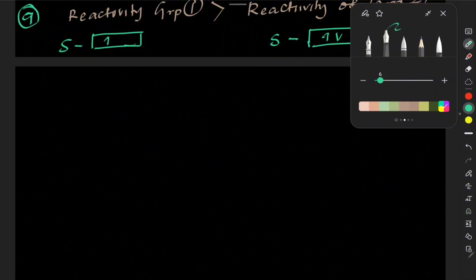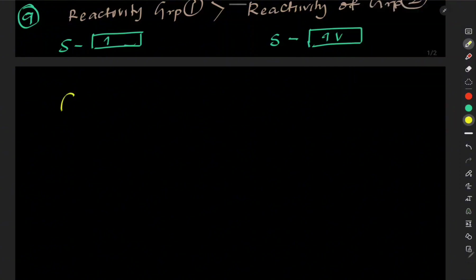Now let's talk about group trends down the group.